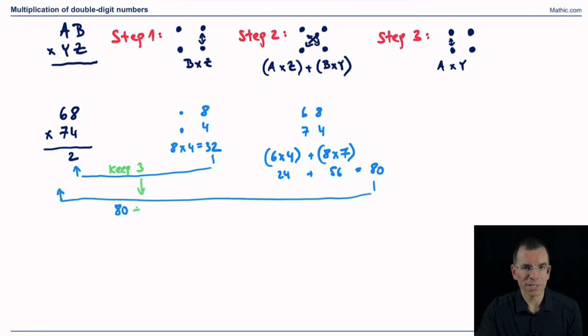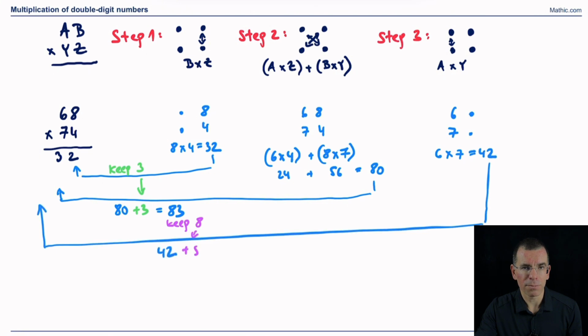We add 3 from step 1 on top to get to 83. We write 3 as the second last digit of the final result. We keep in mind 8. Step 3. 7 times 6 is 42. We add number 8 from step 2 on top to get to 50. So our final result is 5032.